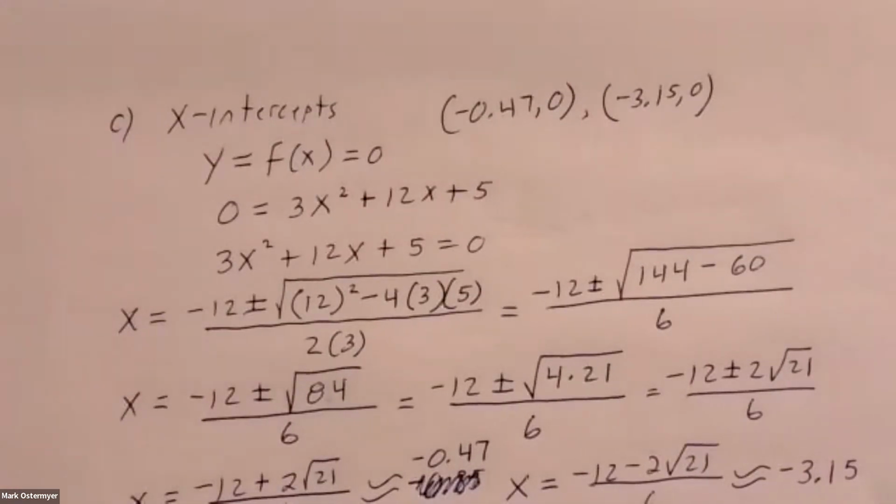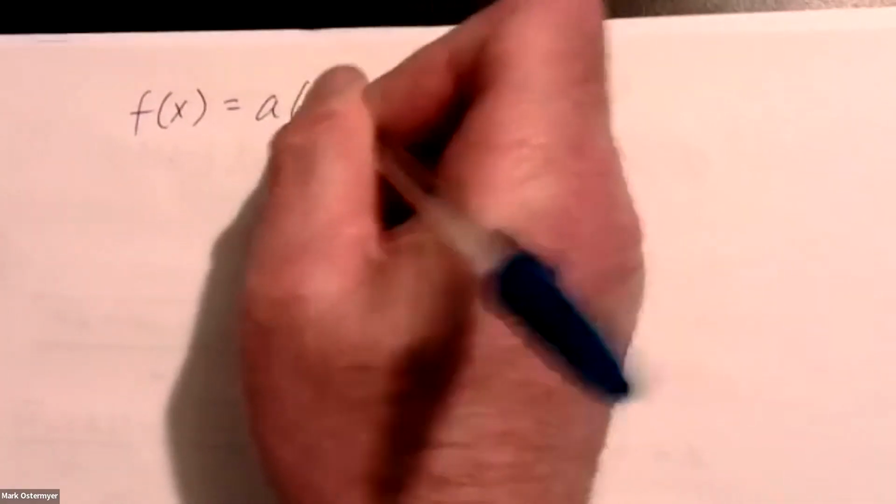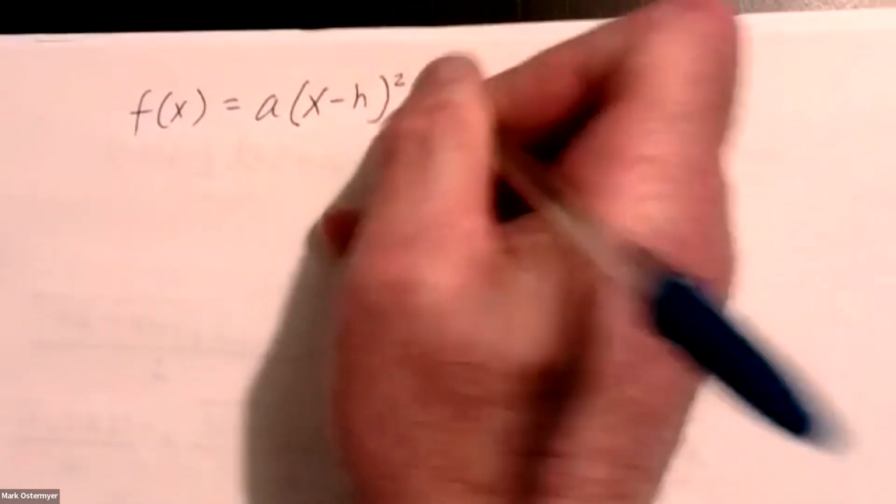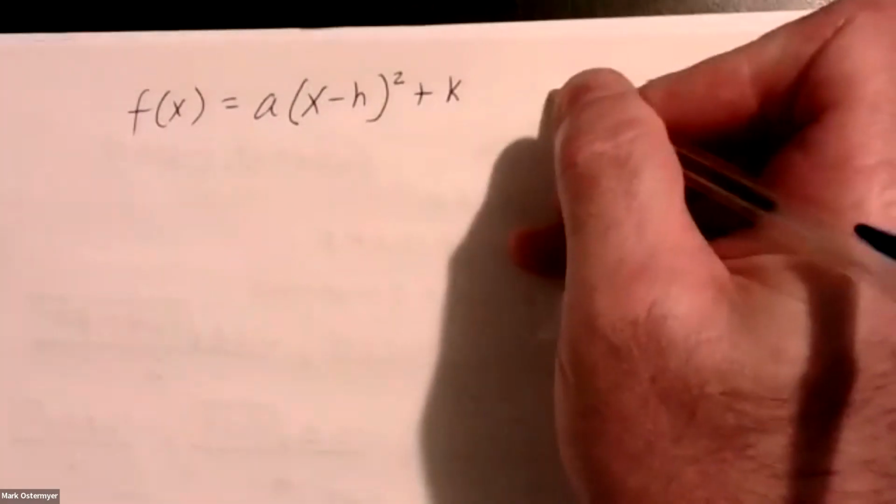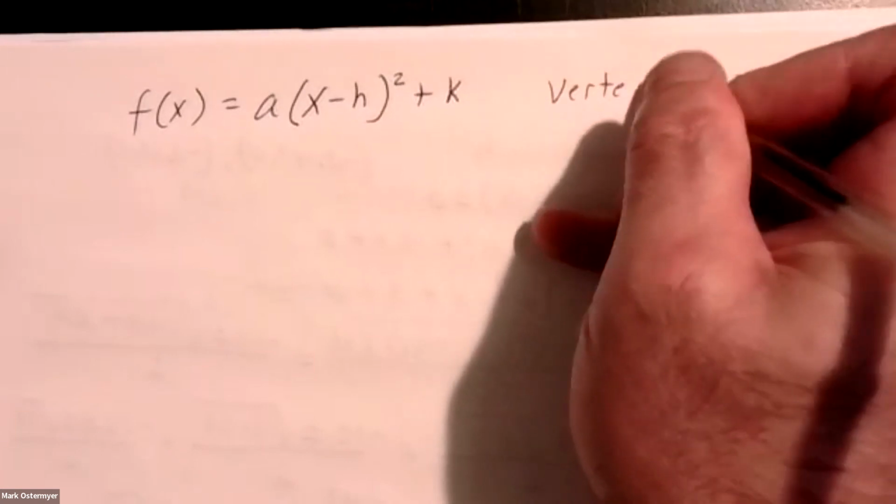Okay, now another form for a quadratic function is this form here. Instead of general form, it is usually to our advantage, and it is our great hope, that our quadratic function take on this alternative form. When a quadratic is written in this form, it's said to be in what's called vertex point form.